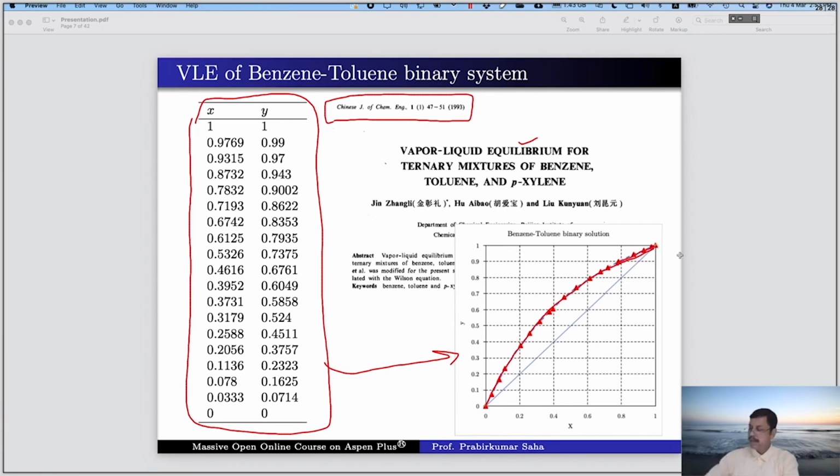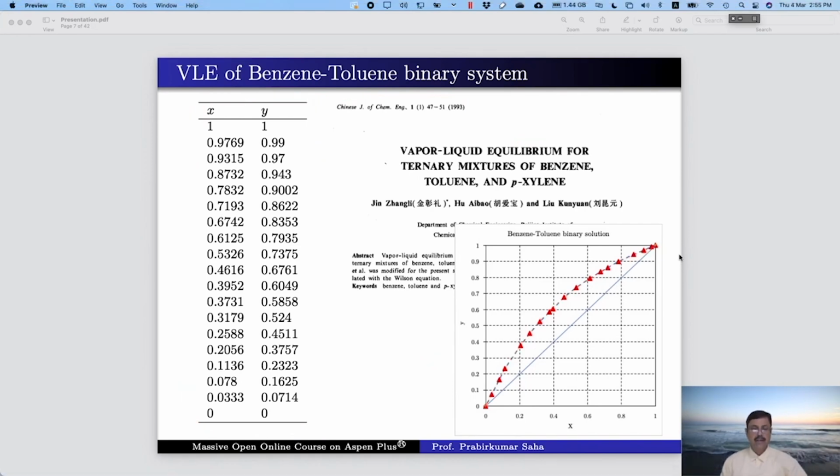Now let us see whether the benzene toluene binary system follows ideal behavior. For that, we have to go to the Aspen Plus simulation window.